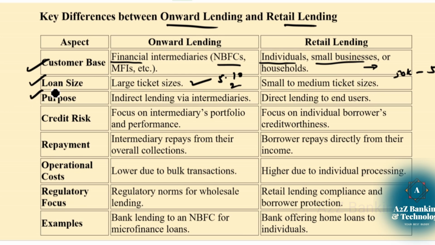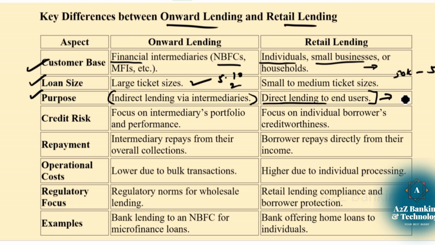Also understand the purpose. The purpose is very different in onward lending. In onward lending, the purpose is to provide loans to intermediaries who are providing further to the customer. But in retail lending, the NBFCs and MFIs are directly funding the retail end users who will utilize the money and solve their purposes.